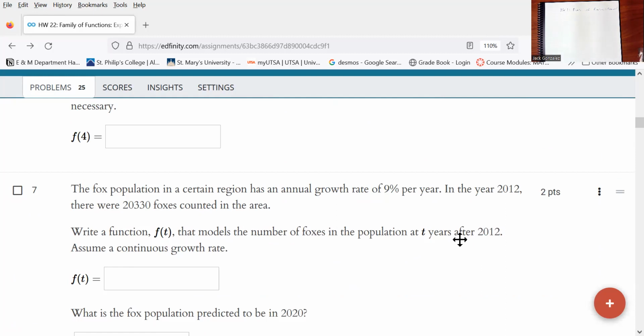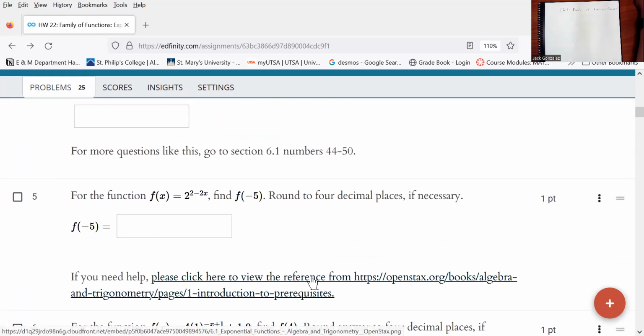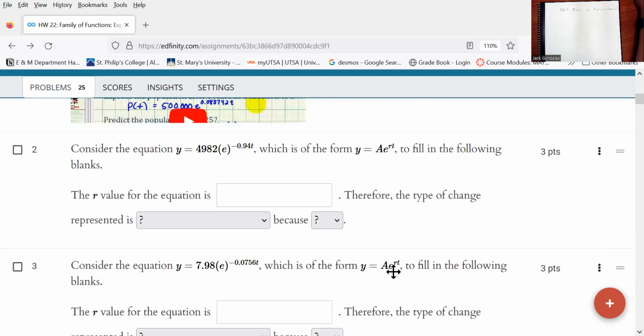So basically what they do, you use the general formula. This one up here. Where is it? This guy, see that A e^(rt)? Use this and fill in the blank. So A is the starting amount. So in that question, A is the total foxes I think you start with.